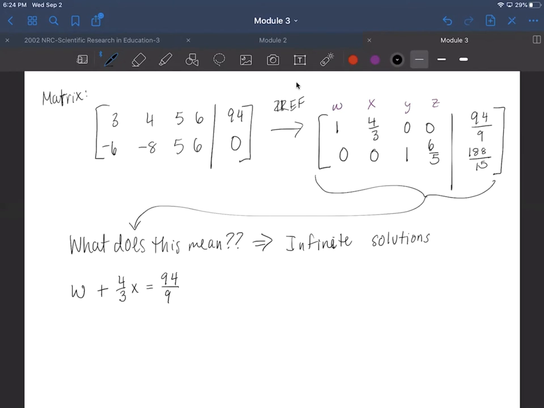And then we have Y plus 6/5 Z. Remember, we did nothing wrong. And that equals 188 over 15.